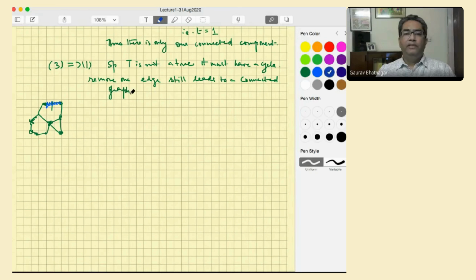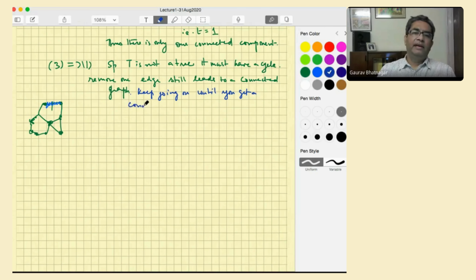So keep doing this, keep going on until you get a connected graph with no cycles. So you get a tree.